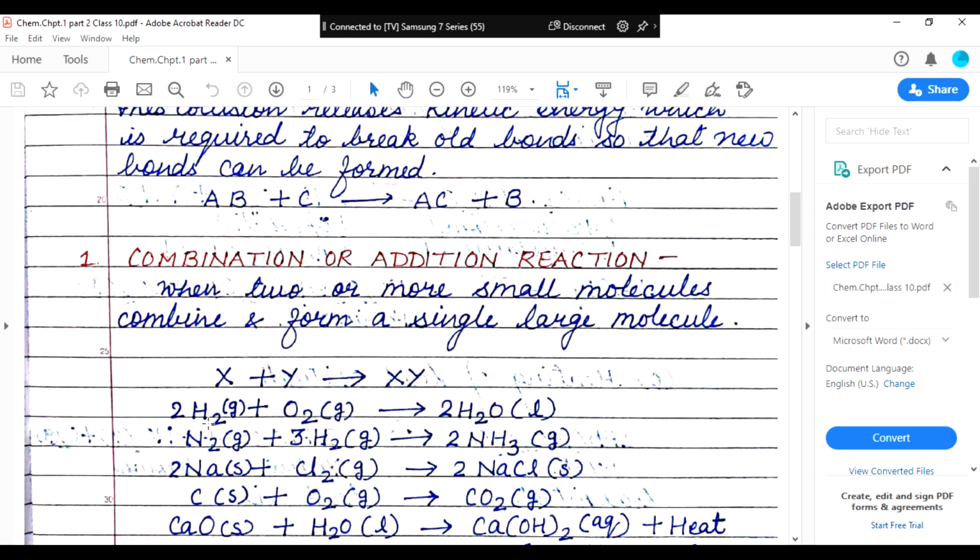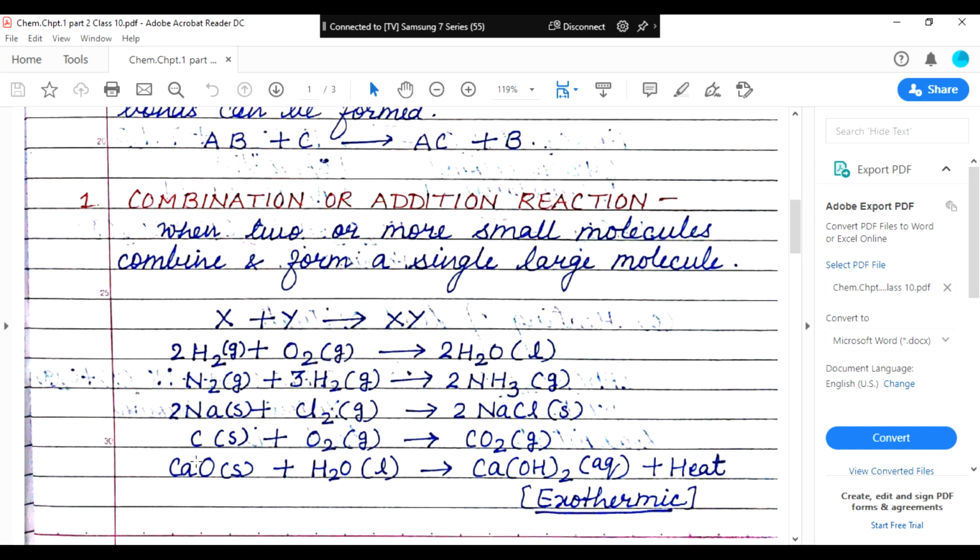We'll see hydrogen gas when it reacts with oxygen gas, it forms a water molecule. Nitrogen gas reacts with hydrogen gas, then it forms ammonia gas. Sodium metal when it reacts with chlorine gas, it forms sodium chloride.